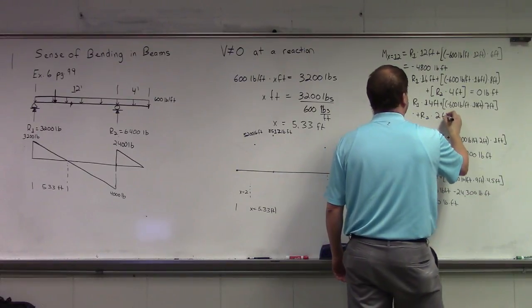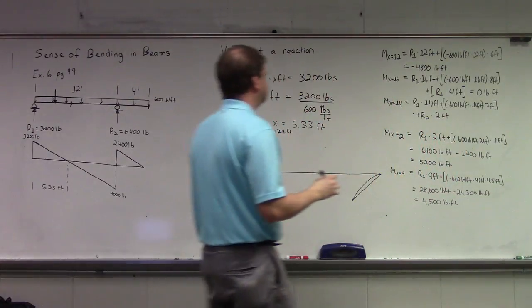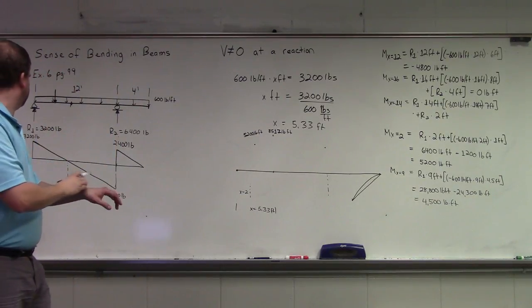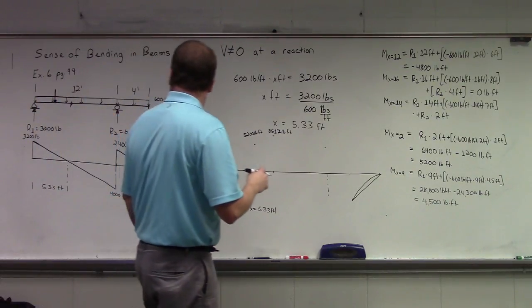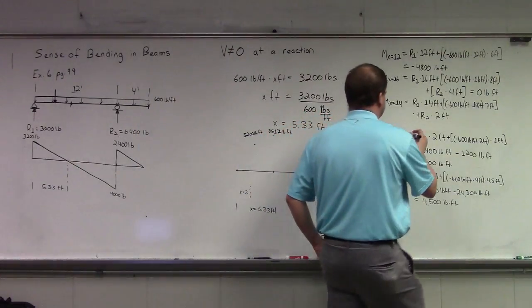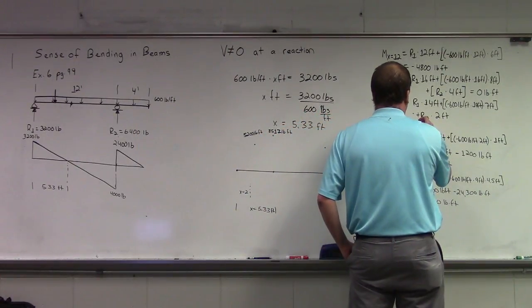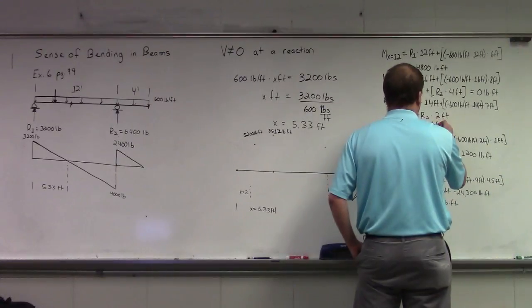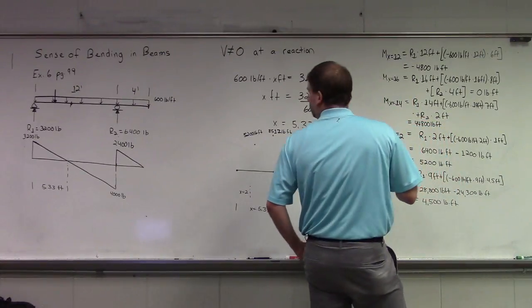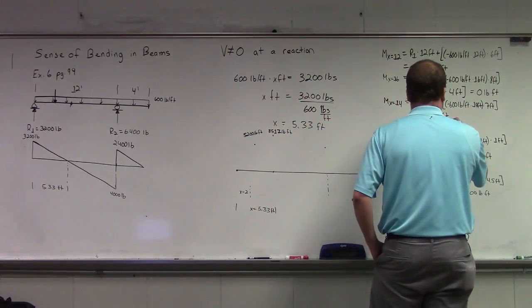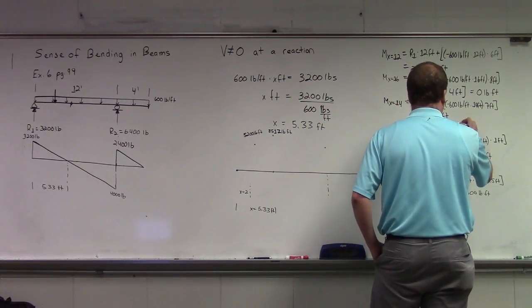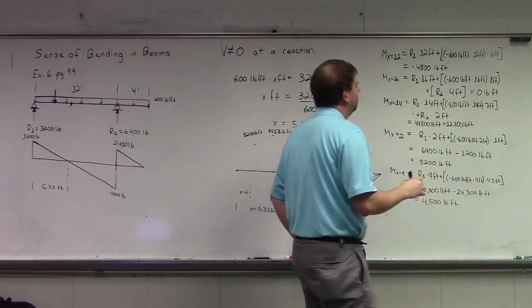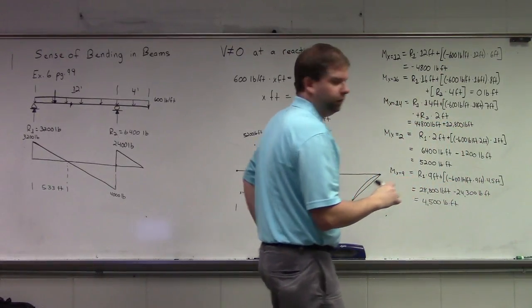Times 2 foot. Okay? 32,000 and... And 12,800. 200 times 14.